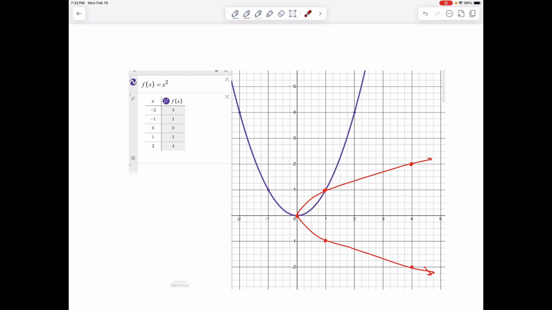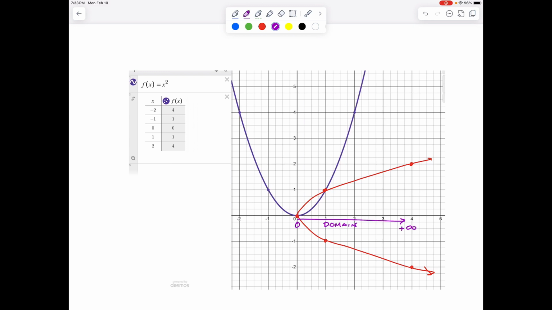So what we did back then was, we said, okay, well, we can actually use part of this parabolic function. We just are going to have to restrict the domain. So what we did was we picked either the left or right side and said, okay, we'll just take the right side and we'll make our domain from 0 to positive infinity.